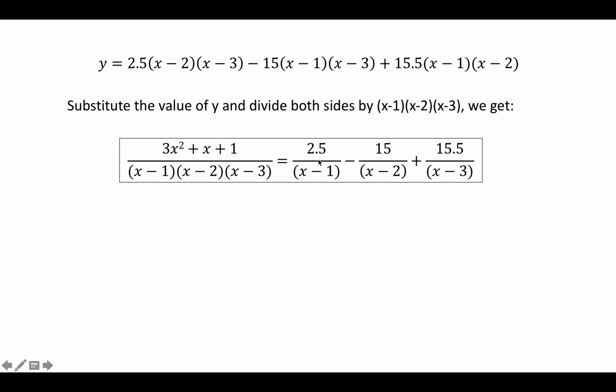So we'll get 2.5 over x minus 1, minus 15 over x minus 2, plus 15.5 over x minus 3. So we have expressed this term in terms of partial fractions using Lagrangian interpolation. So this is our required result.